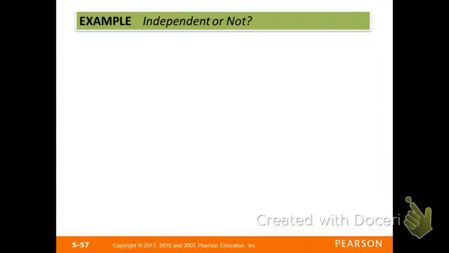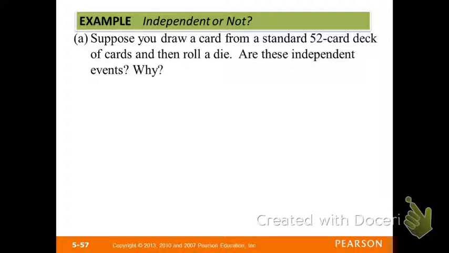We'll look at some more examples of that. But let's look at this. There are two events here. We want to determine if these two events are independent or dependent. Suppose you draw a card from a 52 card deck and then roll a die. Are these independent events?